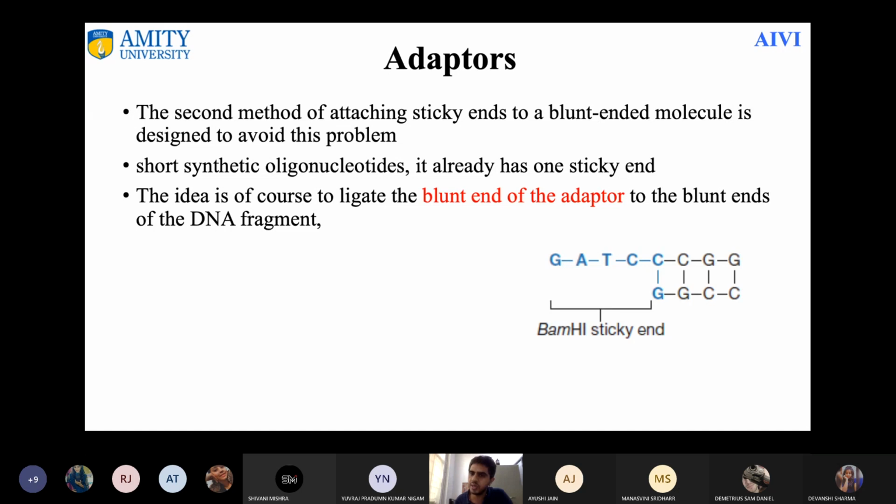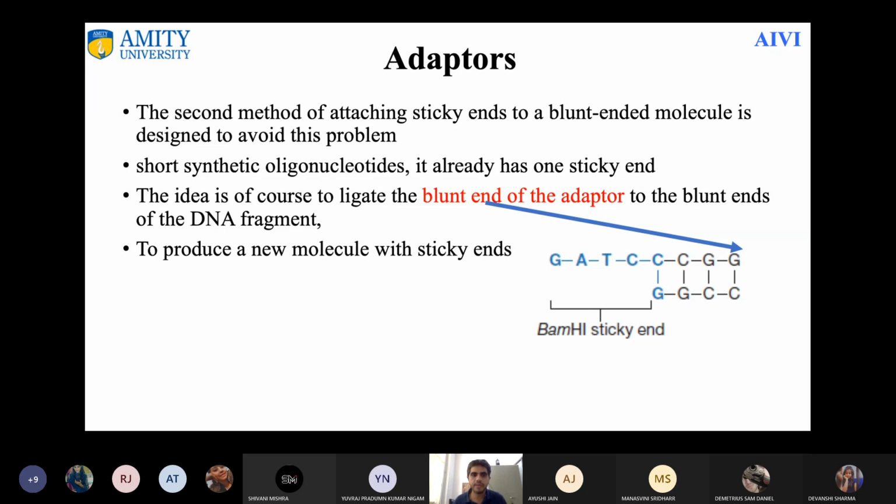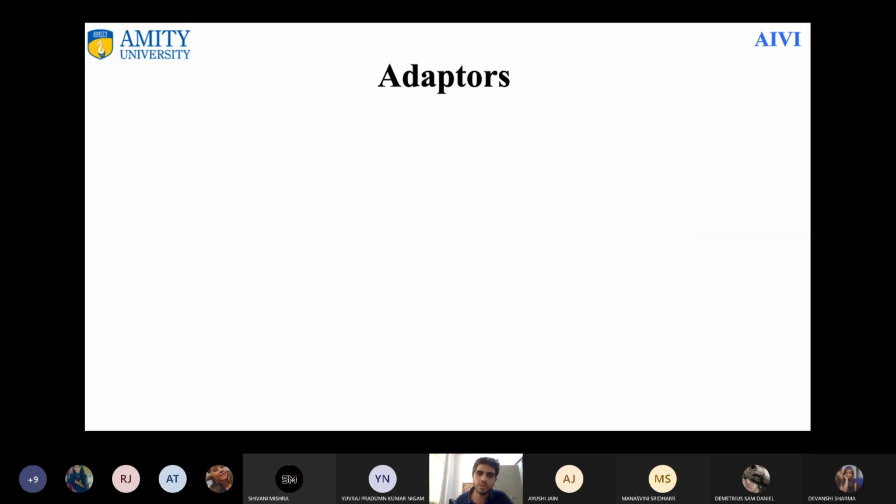The sticky ends are available as overhangs, and you can utilize these overhanging sticky ends for ligation. The ligation of adapter to DNA is from the blunt end, but the ligation of the adapter-DNA fragment complex is going to be from the sticky ends. So this new molecule is going to have the sticky end.